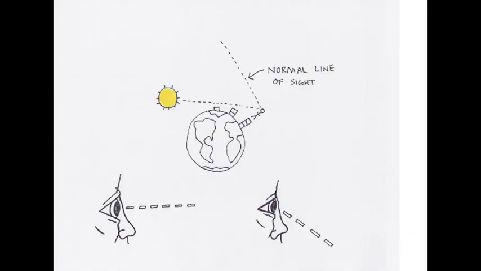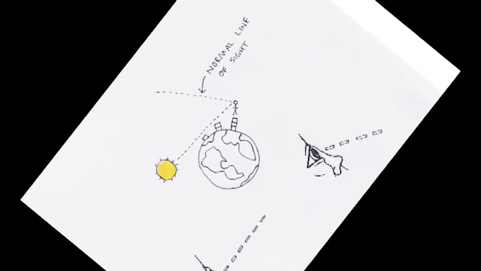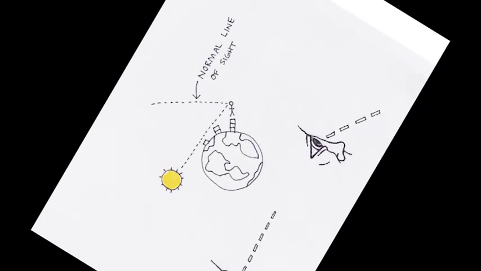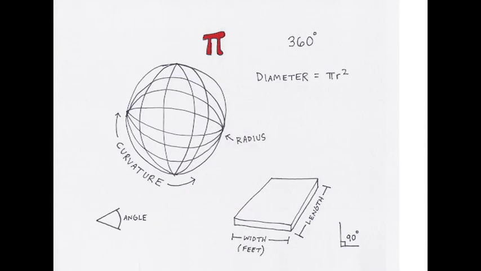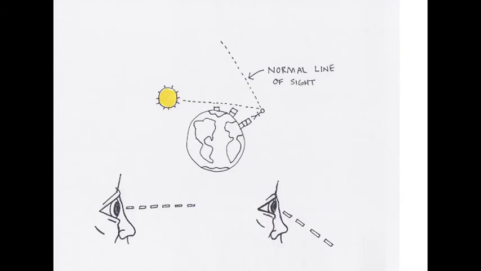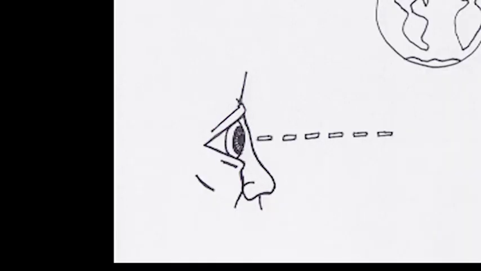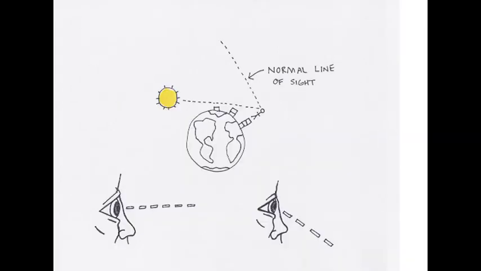If you got higher and higher, if you stood on more and more crates until you were 1,000 miles in the air, if the earth was round, you would be looking off into a totally different direction because of the angles of the curvature. Flat things don't have curvature like I was saying earlier. That's why when you're standing on a whole bunch of crates and you're looking at the sun on the horizon, you're not looking down. You're looking straight because the earth is flat.